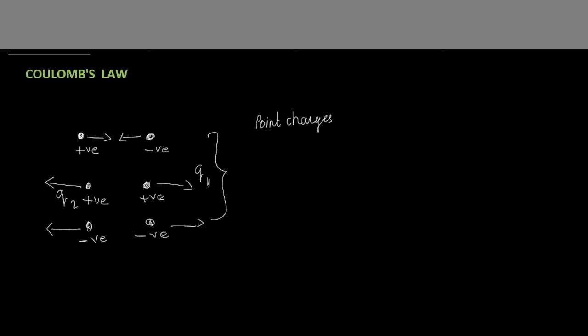Another important thing is that the charges should be placed in vacuum or space. That means there should not be any other charges to interact with the two charges which we are considering.